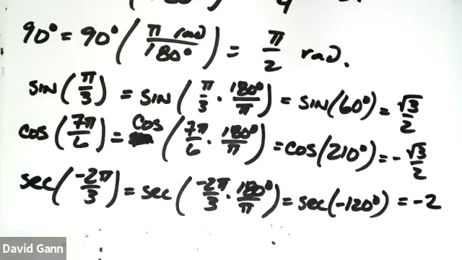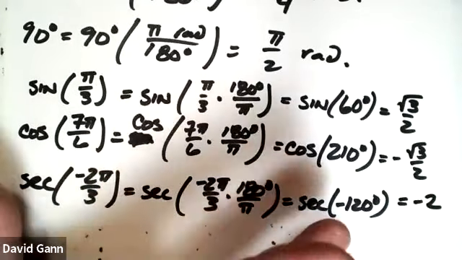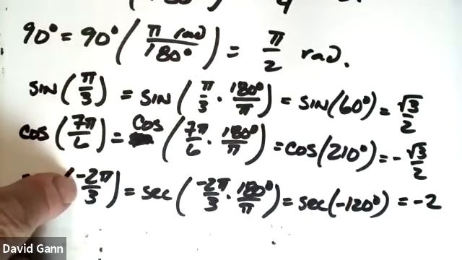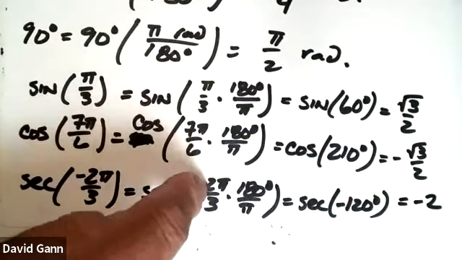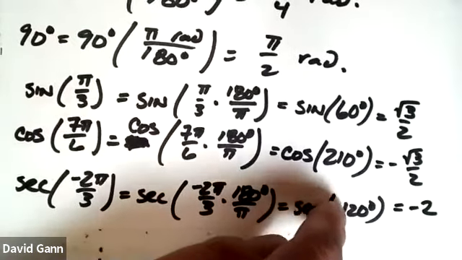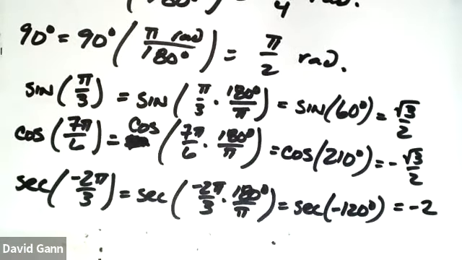This is something you don't necessarily have to memorize, but you do have to be able to make these. If you don't memorize them based on their radian value, you need to memorize at least based on their degree value. It's a multi-step process to get there, but it's something that's kind of an expectation.